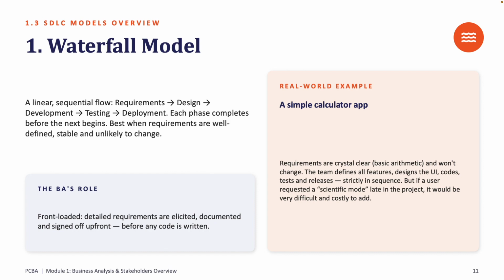Then talk about a real-world example. For example, just making a very simple calculator. This is a perfect example. Requirements are crystal clear, so you know what you need for the calculator. You're focusing on building something with basic arithmetic that won't change with time. So the team defines all the features, designs the user interface.